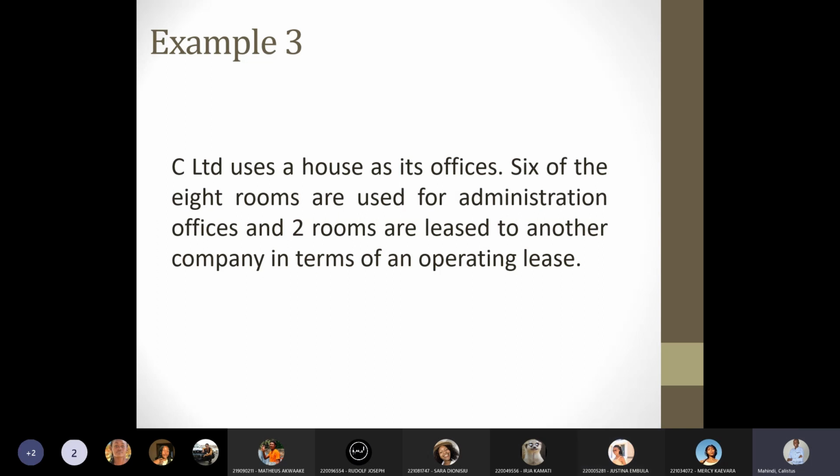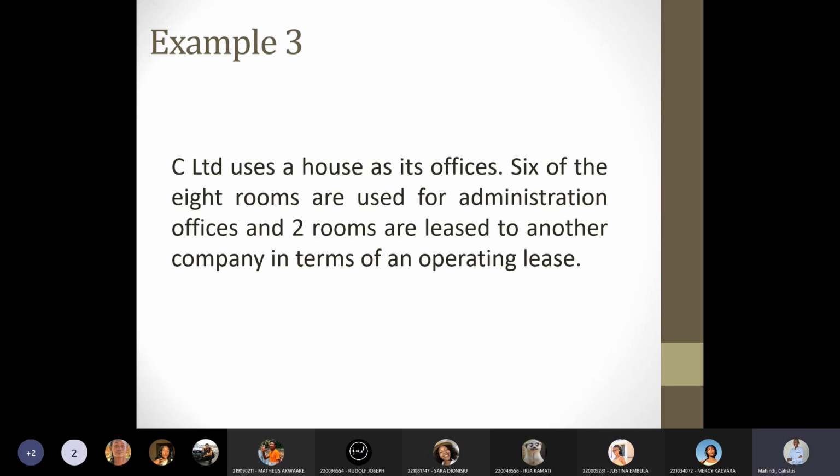How would you classify that entire house? Anyone? Will this one be an investment property?